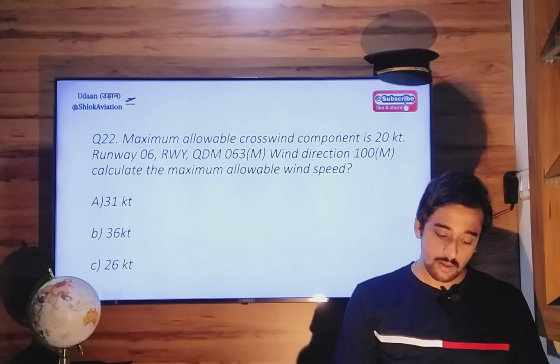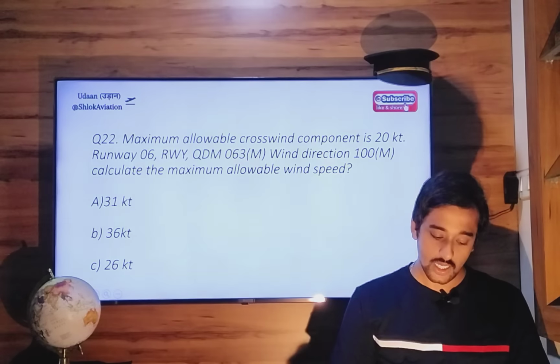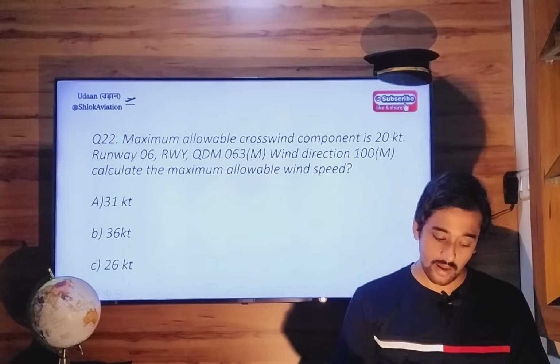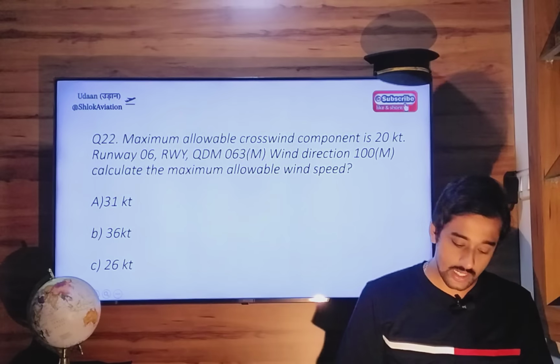Next, maximum allowable crosswind component is 20 knots, runway 06, runway QDM 063, wind direction 100 magnetic. Calculate the maximum allowable wind speed.